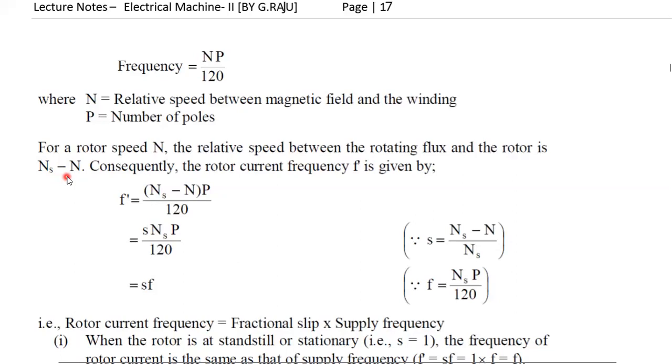Understood? For example, if the stator rotating magnetic field Ns is in the clockwise direction and the rotor is rotating in the anti-clockwise direction, then what is the relative speed between these two? Ns plus N, because these two are in opposite rotation.